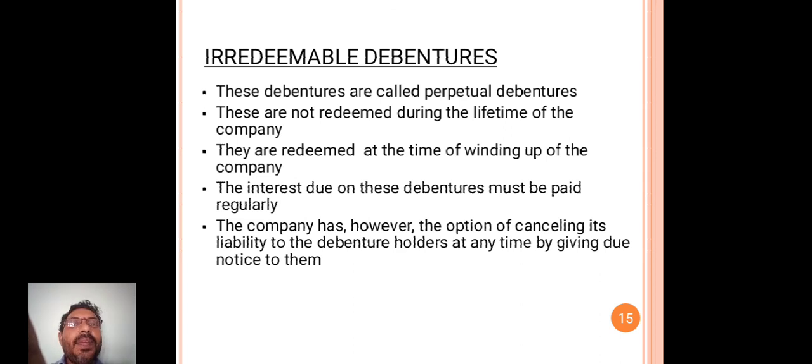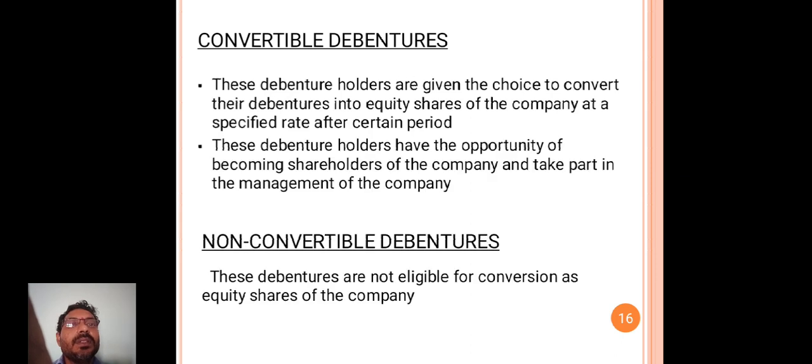The interest due on these debentures must be paid regularly. The company has, however, the option of cancelling its liability to the debenture holders at any time by giving due notice to them. And then convertible debentures.